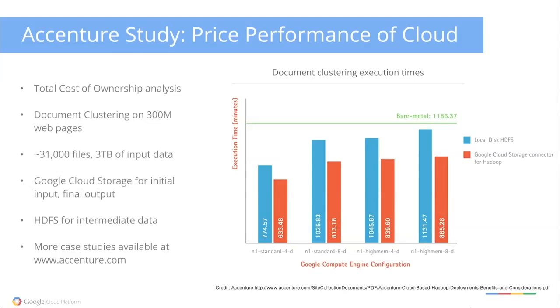And we see that we actually had a pretty encouraging speed up using the GCS connector-based data flow model. The green line here at the top is the benchmark value of the bare metal Hadoop deployments from a total cost of ownership analysis. And we can see that across all dimensions, the cloud deployments outperformed. So lower values are better here.